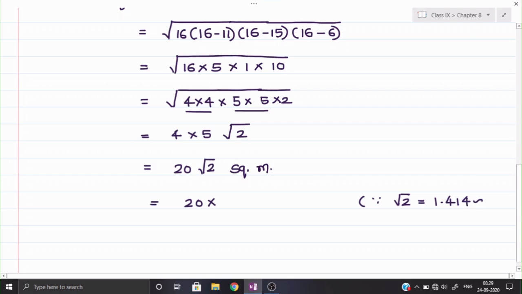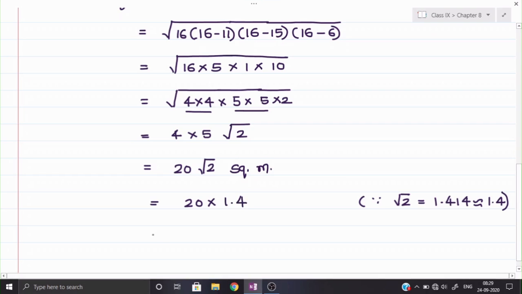So we can say that it is approximately, we can take 1.4. If I consider the value up to 2 decimal places and then convert to 1 decimal place, we can take it approximately 1.4. So here we shall write the value of root 2 as 1.4.